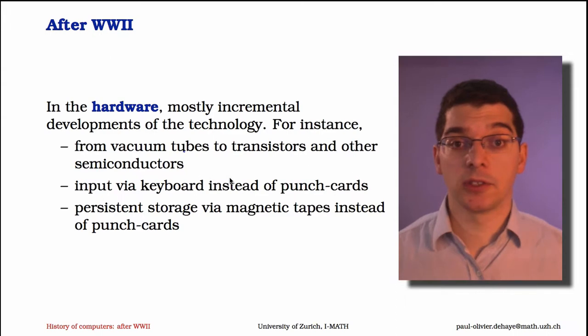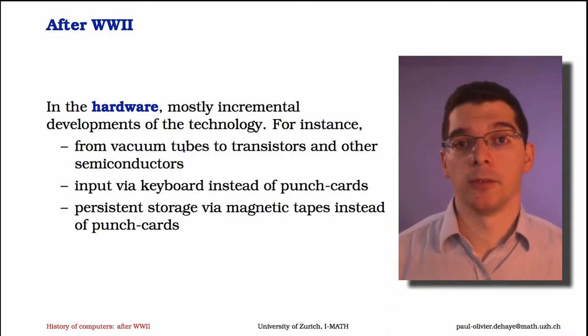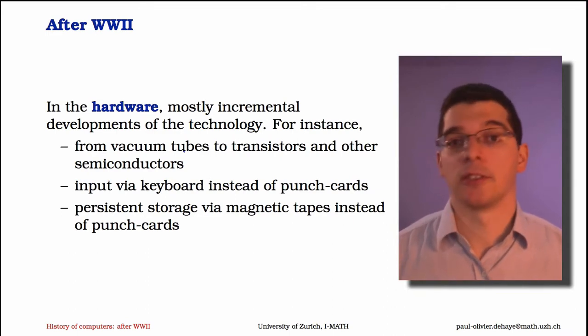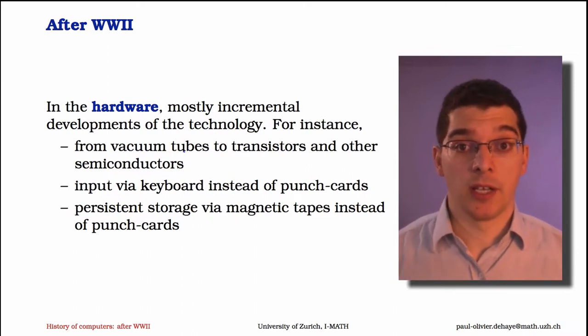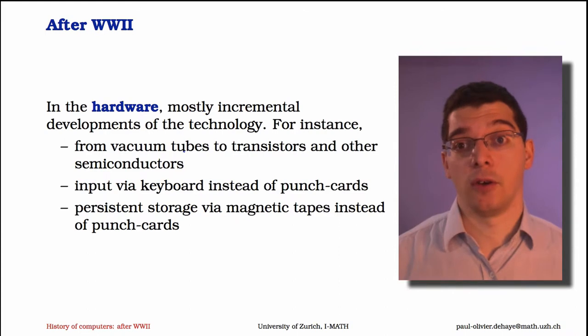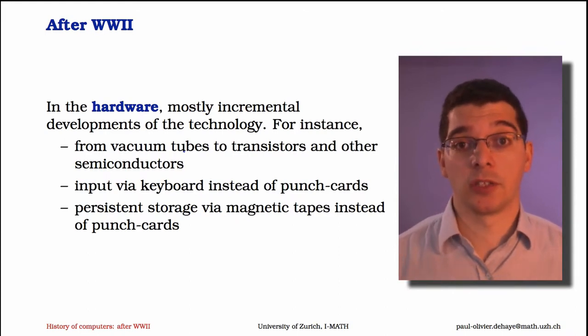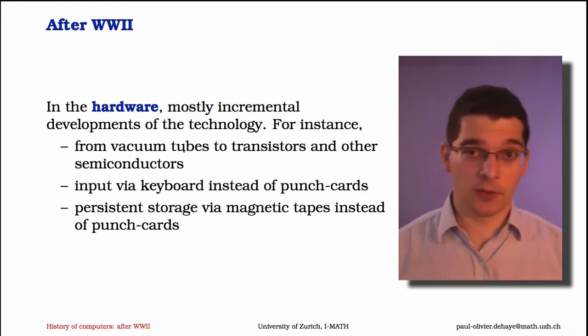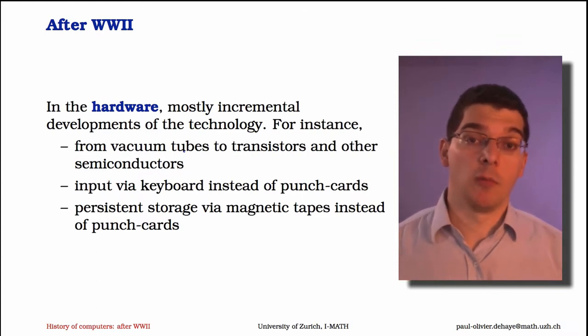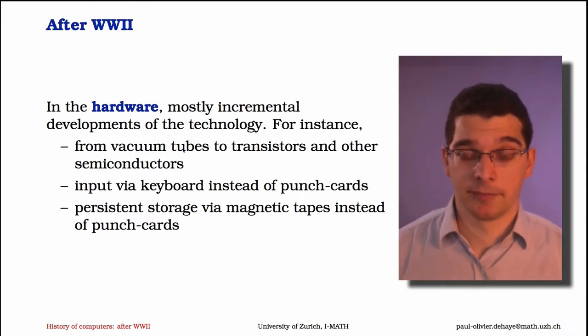So this helped reduce the size of computers, which means, for instance, that you can now have in your pocket something that's tremendously more powerful than whatever the astronauts on Apollo 11 had in their capsule. They had a computer, but it was very big for the number of computations it could perform per second. Your iPhone is much more powerful than those machines.